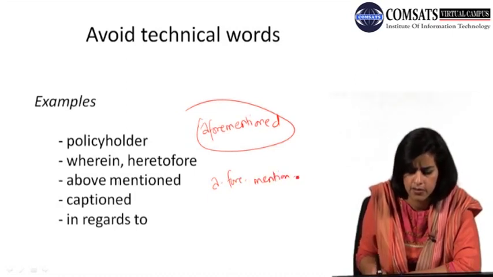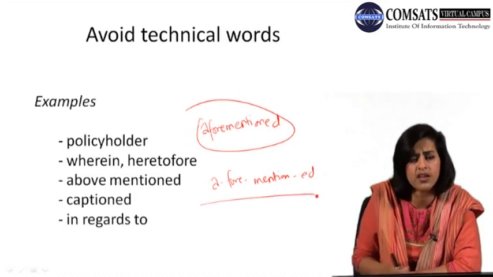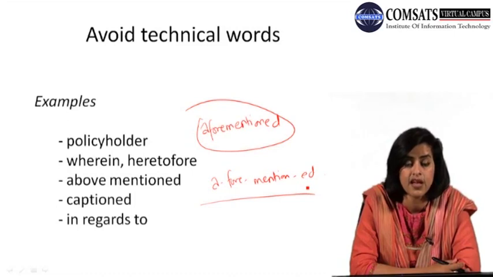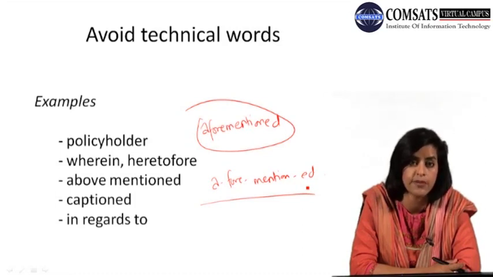So I tried to find out the meaning, and by picking up the dictionary, I found that it means that which has already been mentioned. Words like these can be replaced. These technical words should be replaced with easy words for the convenience of the reader.